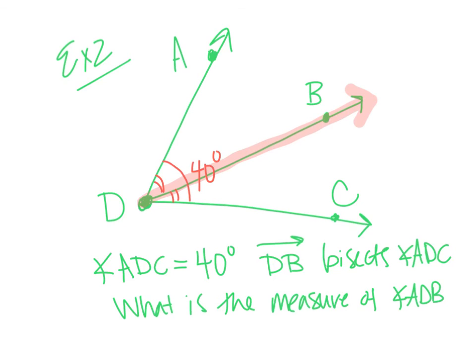So when it asks what is the measure of angle ADB, well, where is angle ADB? Angle ADB is right here. So that angle should be half of ADC, and half of angle ADC would give me 20 degrees. So the answer here should be 20 degrees.